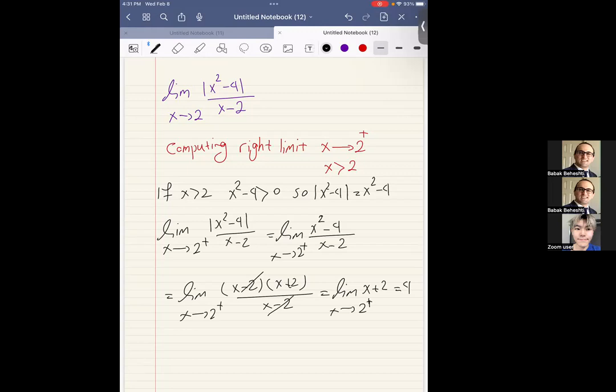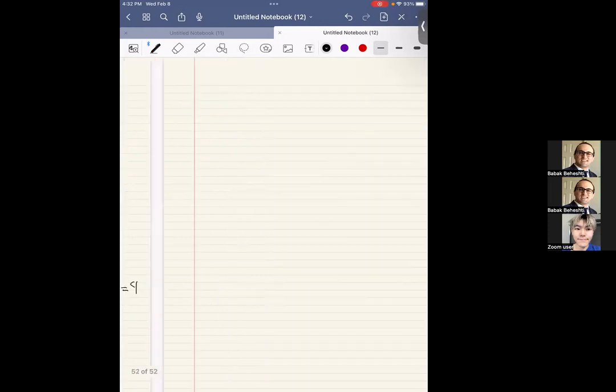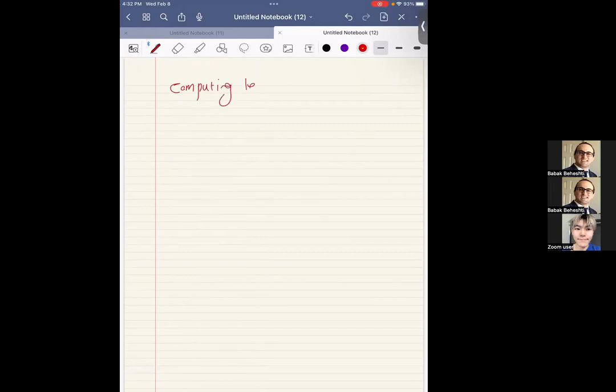But this is the right limit. What happens if we compute the left limit? Let's do it. For the left-side limit, x goes to 2 minus, which means x is less than 2.